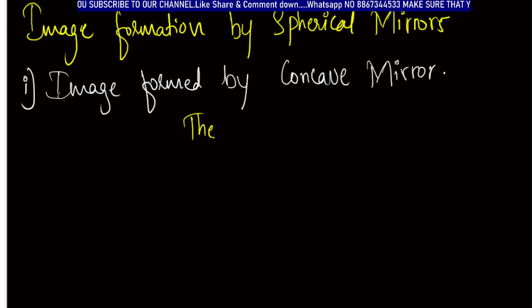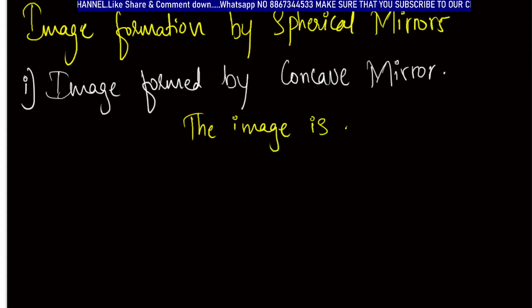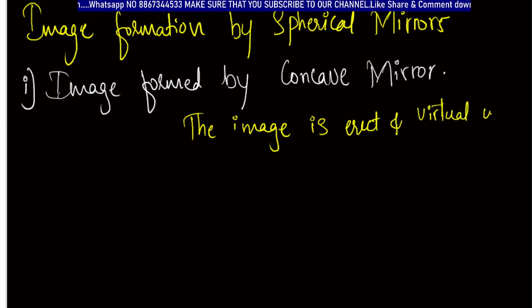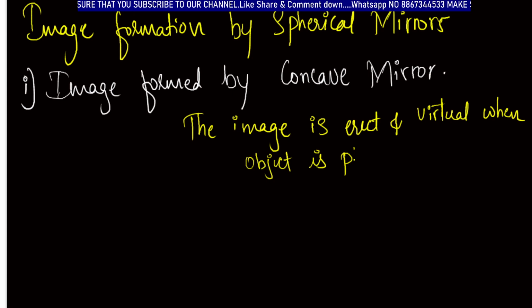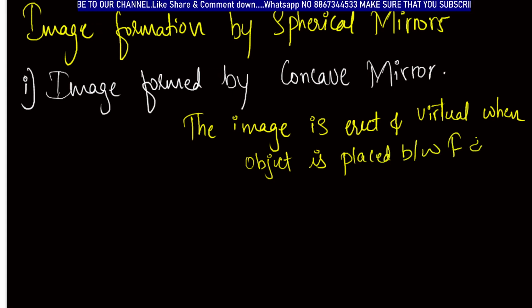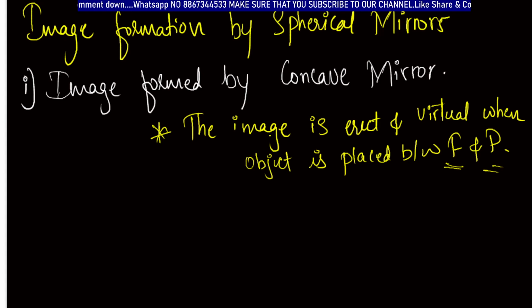The image is erect and virtual when the object is placed between focus and the pole. Whenever an object is placed between the focus and the pole, the image is erect and virtual.